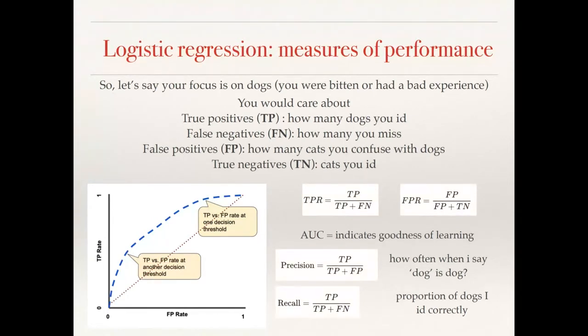So how many cats are you confusing with dogs and they are making you jump? And finally, you care about true negatives. How many cats you were able to ID so they didn't worry you and you didn't have to think about them and just go along. So you see, there are different aspects of your classification that might be important to you, and you might also have a hierarchy of what is important over another.